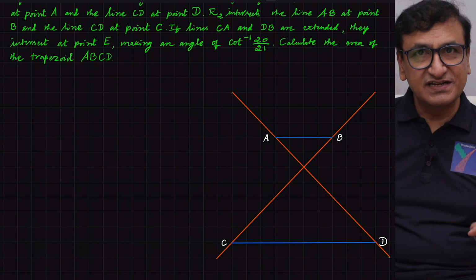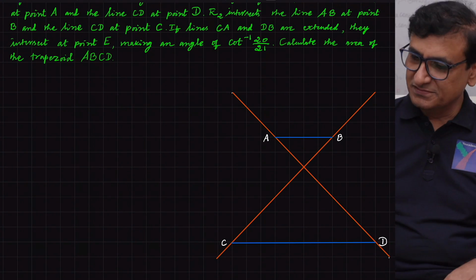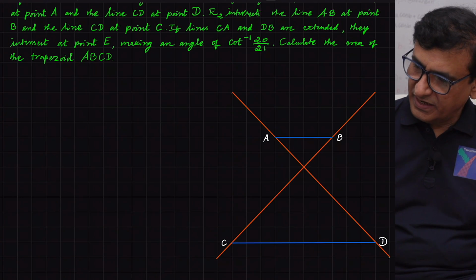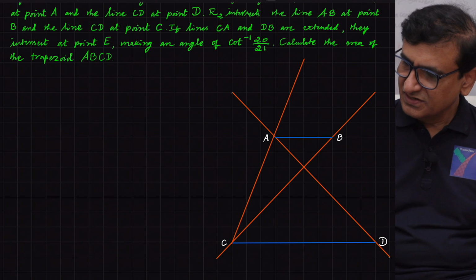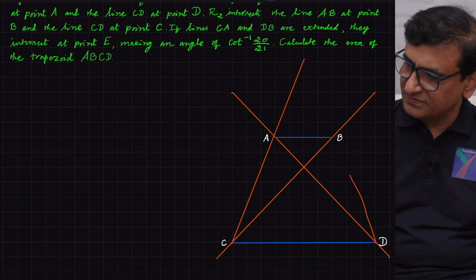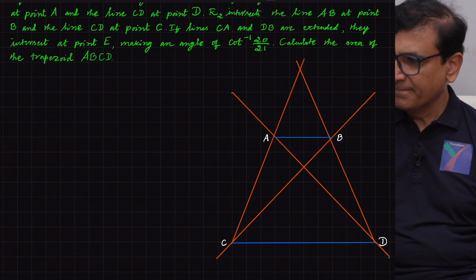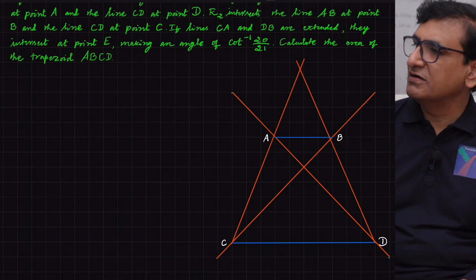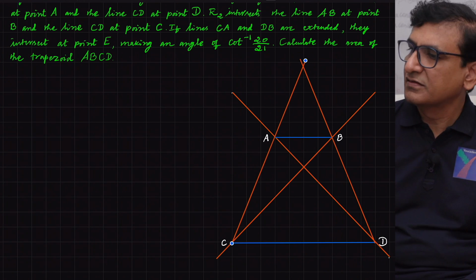Next, I'm going to extend the lines CA and DB to meet at a point E. I'm extending the line CA further like this, then DB like this. They are fairly accurate, but let me adjust them a bit.